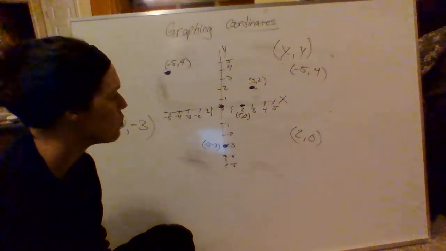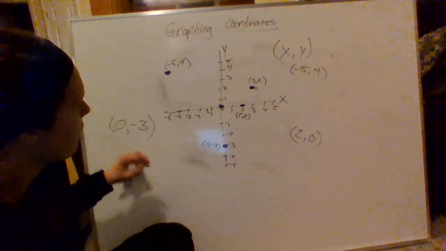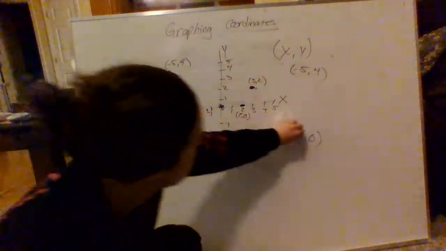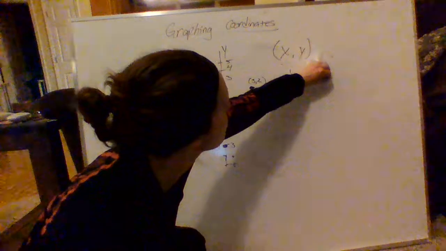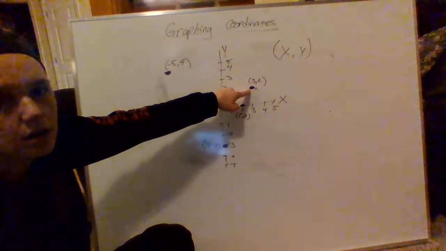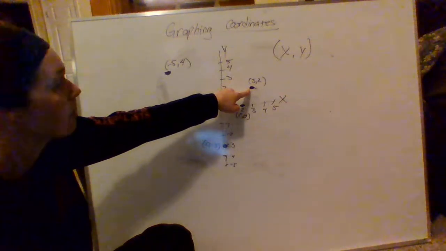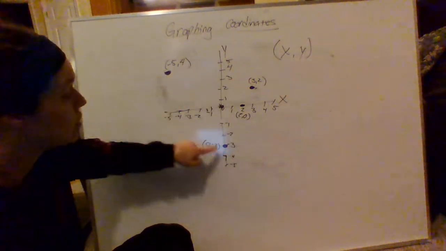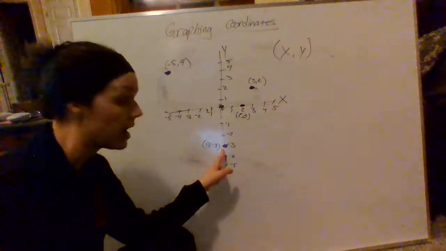That's it for that. Let's review real quickly. If I were to ask you which quadrant each of these points is located in: let's start with the first one here. That is quadrant 1. This one is quadrant 2. This one, if you remember, is not in either quadrant.